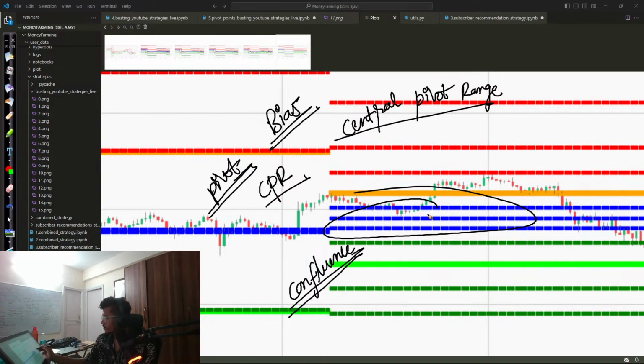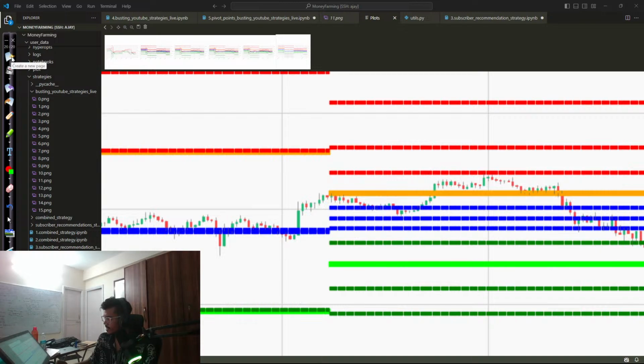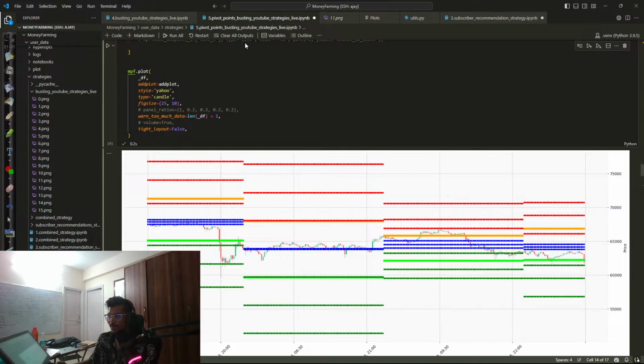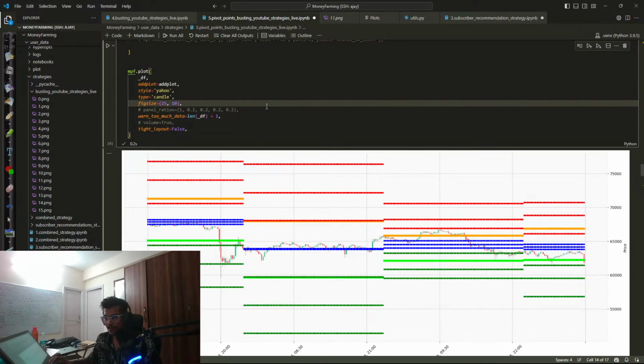What we do is measure this width against the last time frame, and according to that, if it's narrow, very small, then we can expect the market to make big moves. That's what's called narrow CPR expansion or breakout. So let's code that, and we're gonna see how it performs.